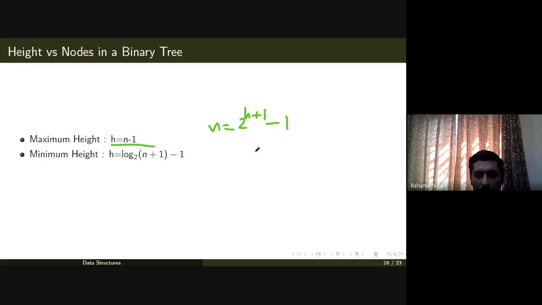You take the minus 1 to this side, so it will be n plus 1 equal to 2 raised to h plus 1. So what is h plus 1 here? h plus 1 equal to log to the base 2.